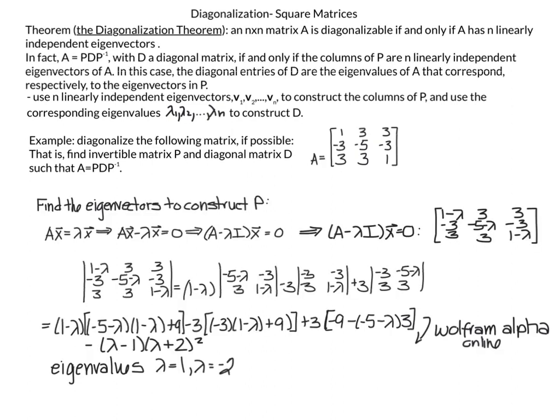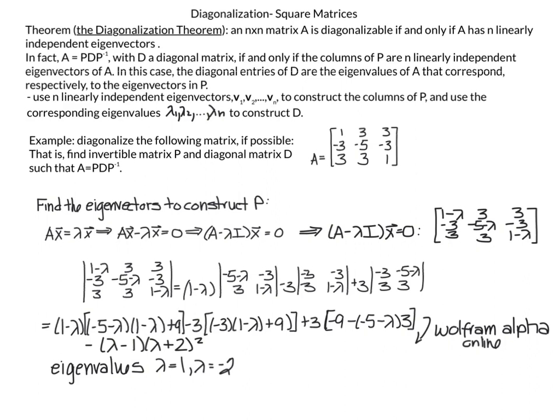We're going to find the eigenvectors to construct P, and we use the eigenvector equation, Ax equals lambda x. Again, eigenvectors are those vectors x that, when multiplied by A, just give you a scalar multiple of x. Subtracting lambda x from both sides of the equation, we get Ax minus lambda x equals 0, and introducing the identity I, we have A minus lambda I times x equals 0.